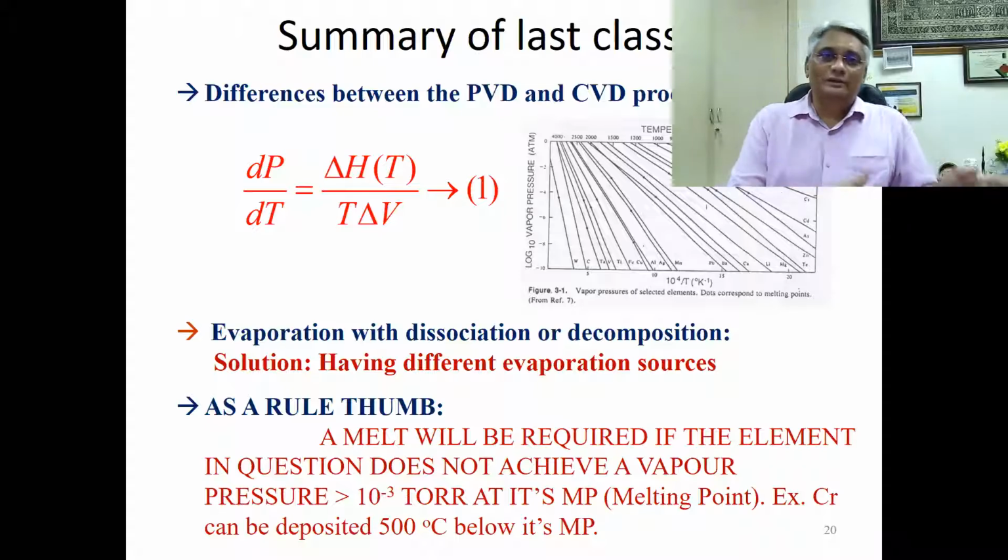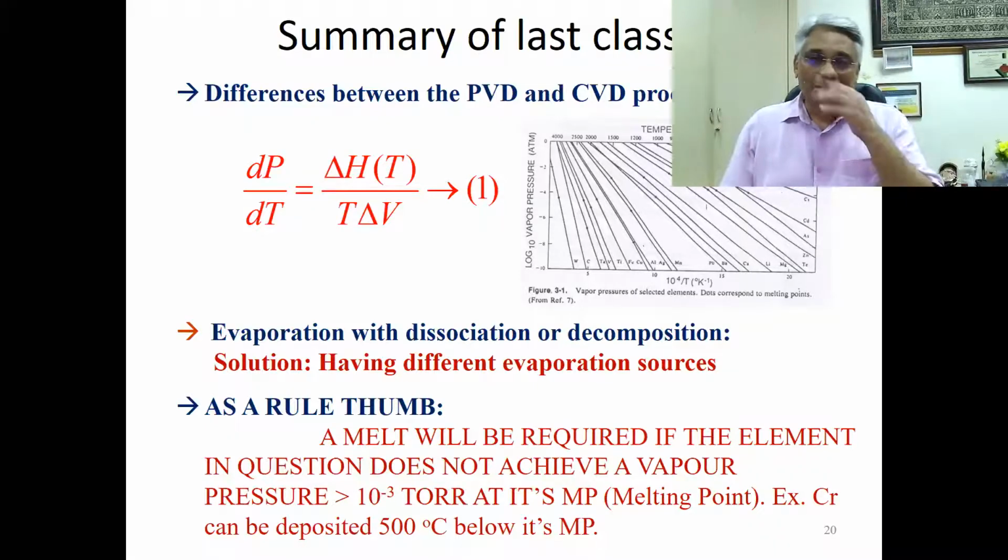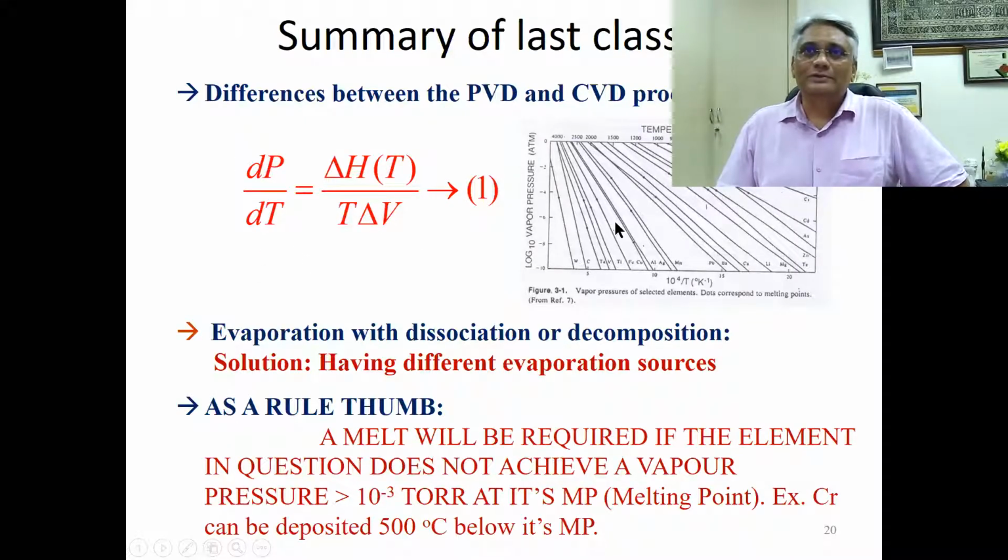I also said that there are advantages and disadvantages on both sides, and there are a number of techniques that we can list on both the sides. Then I also mentioned this important relation between the pressure versus temperature plots, log of vapor pressure as a function of 1 by T. These linear plots are called the Arrhenius plots.